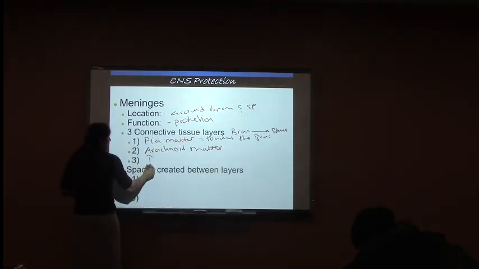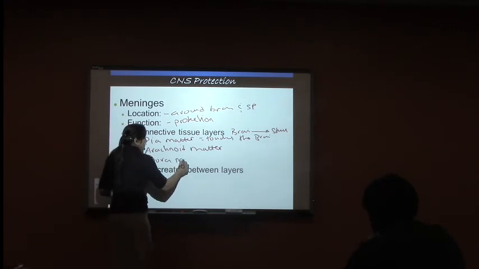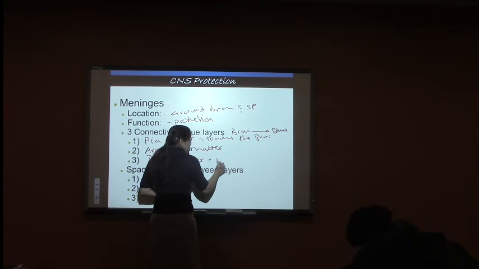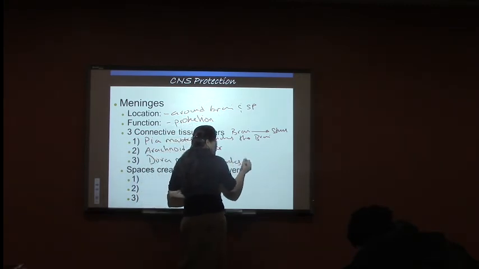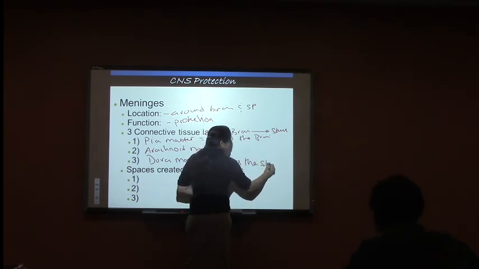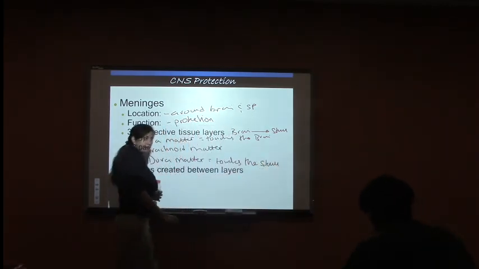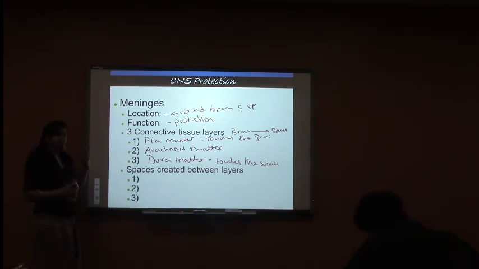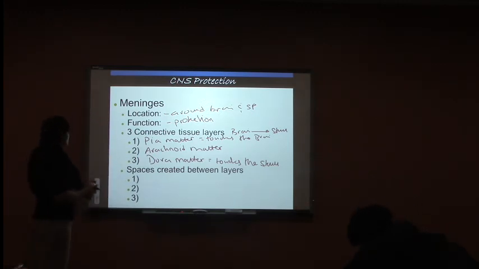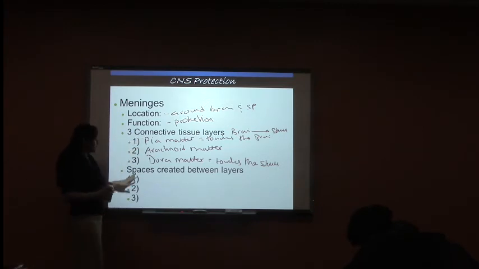And then you have dura matter, which touches the skull. Does that make sense? We have 3 distinct layers: pia matter, arachnoid matter, and then the dura matter. Because these are located between each layer, you have spaces that have been created.